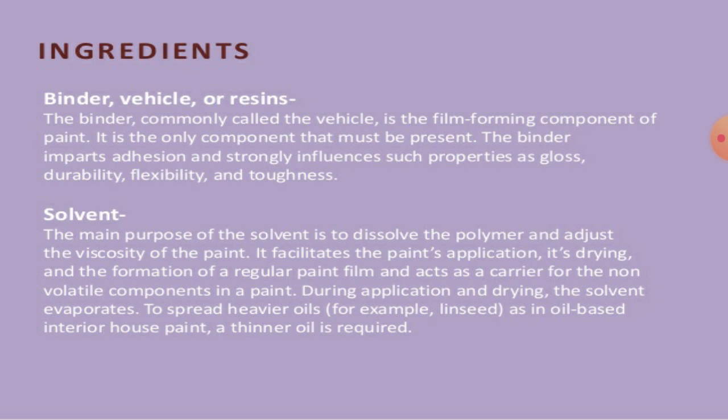It facilitates the paint application, its drying and the formation of the regular paint film, and it acts as a carrier for the non-volatile components in a paint. During application and drying, the solvent evaporates to spread the heavier oils. For example, linseed, as in oil-based interior house paints, a thinner oil is required.